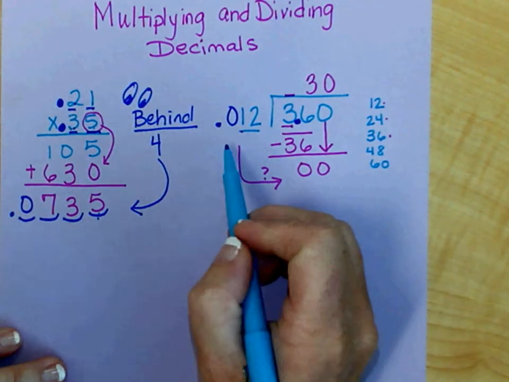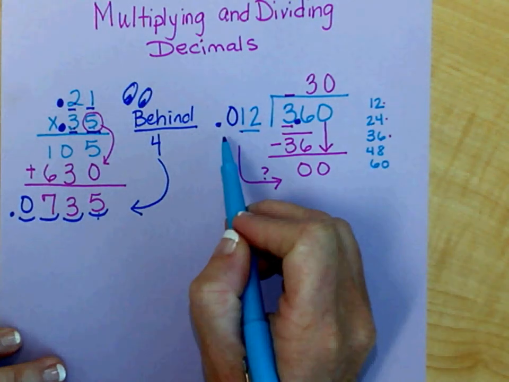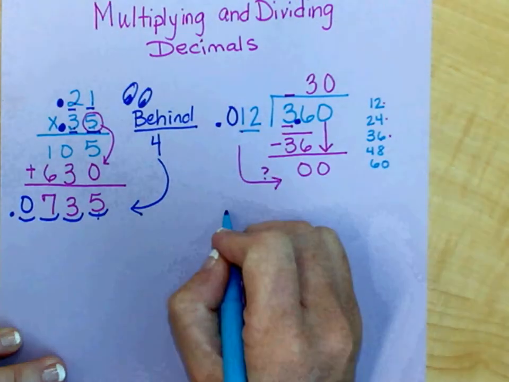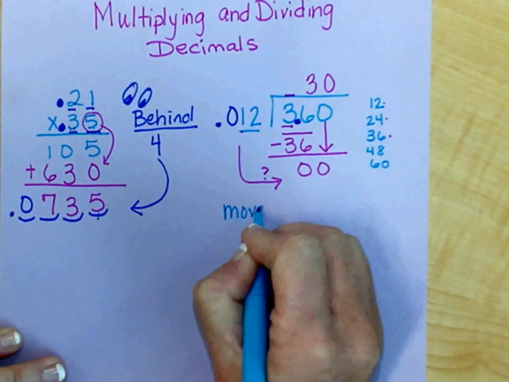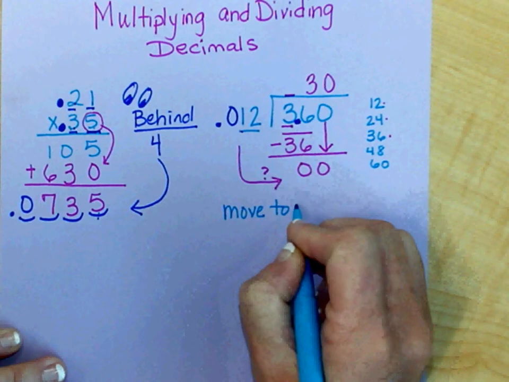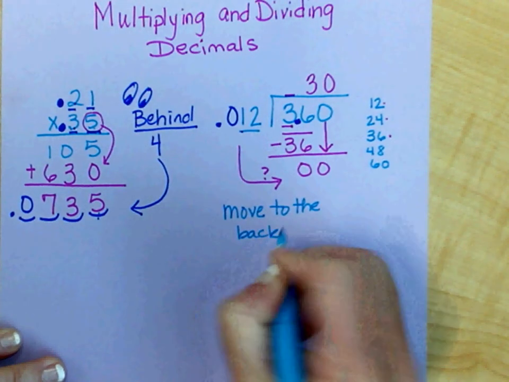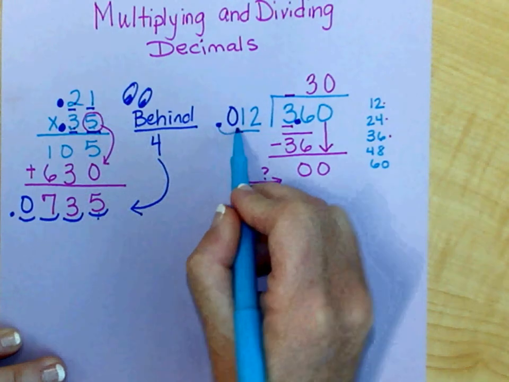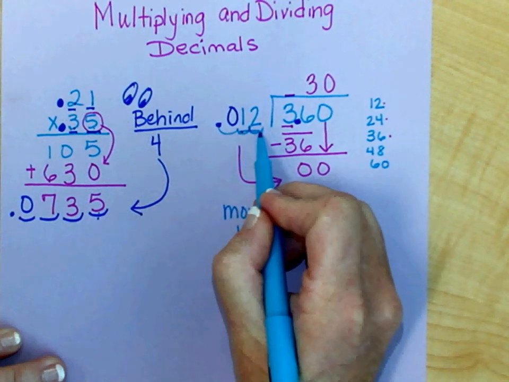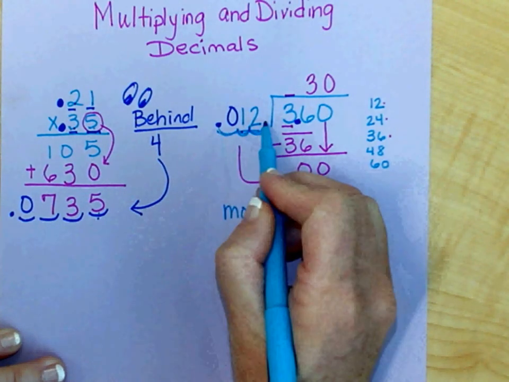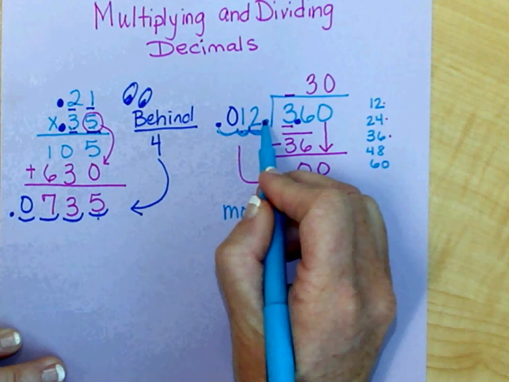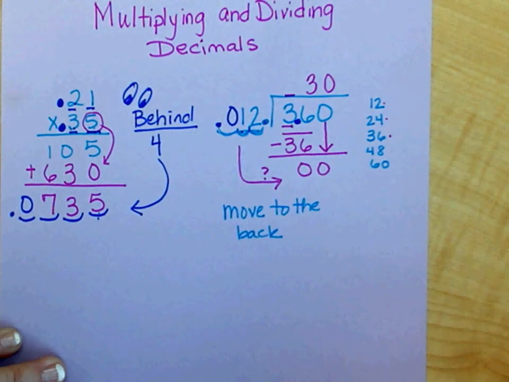Well, I cannot divide with a decimal outside, so I have to move the decimal to the back. I'm going to move it 1, 2, 3 times to get it to go to the very back, because I cannot divide with a decimal outside.